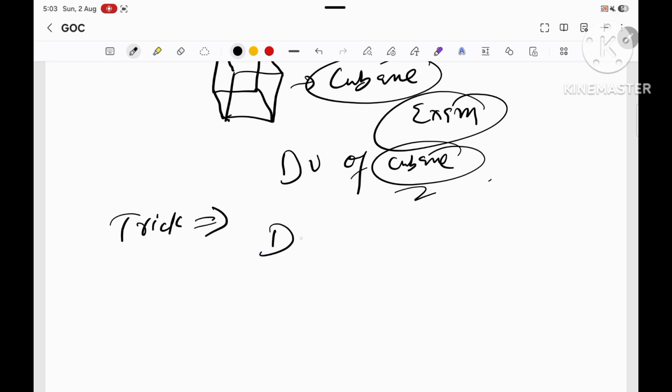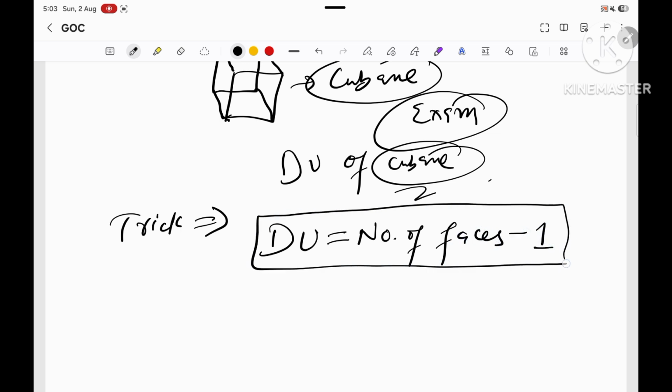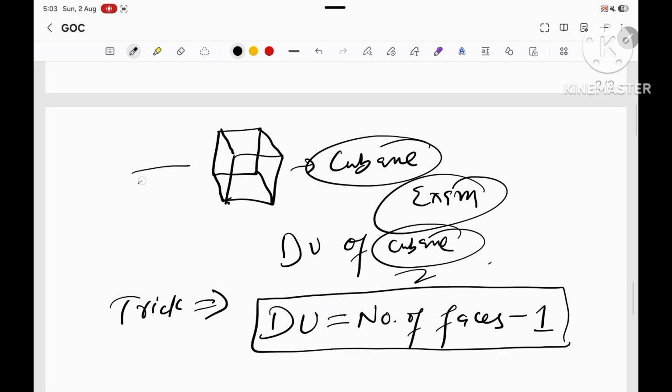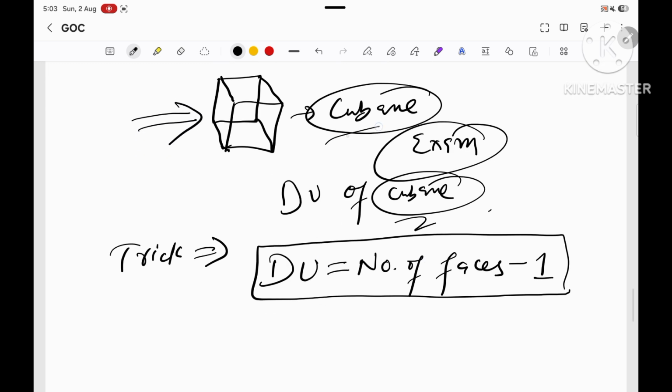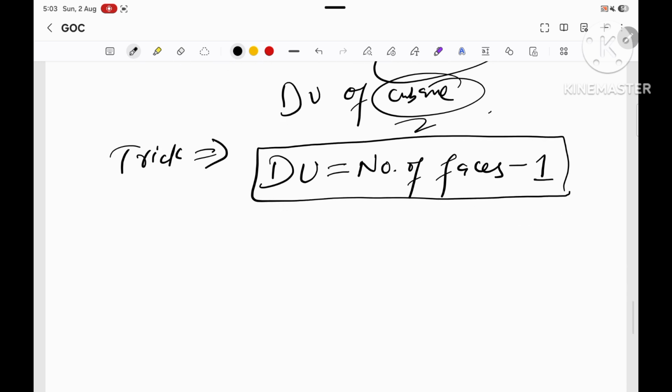DU is equal to number of faces minus 1. You have to remember this. Whenever you see any 3D diagram like this cube, or cubane, you calculate DU as number of faces minus 1.